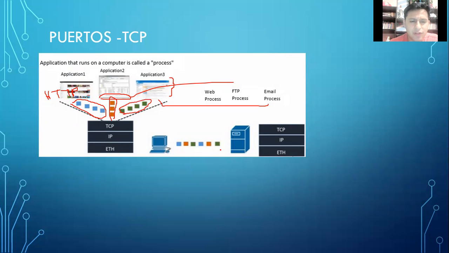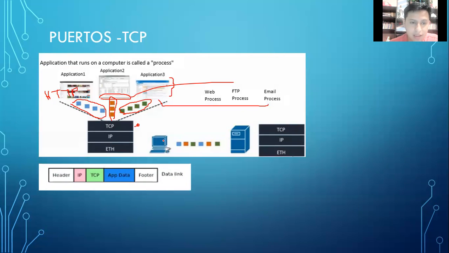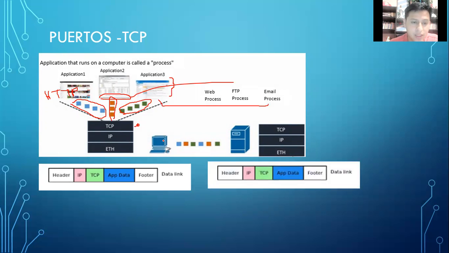How is it possible that the server can read the information and understand it? It's possible because the TCP has ports.